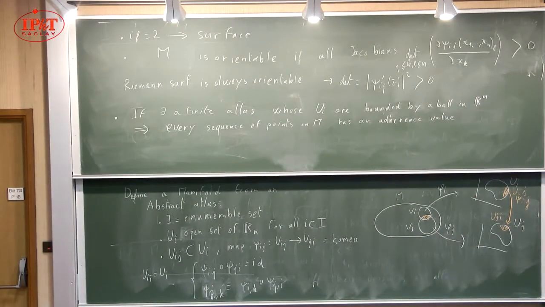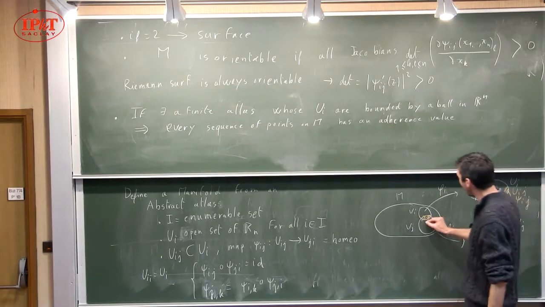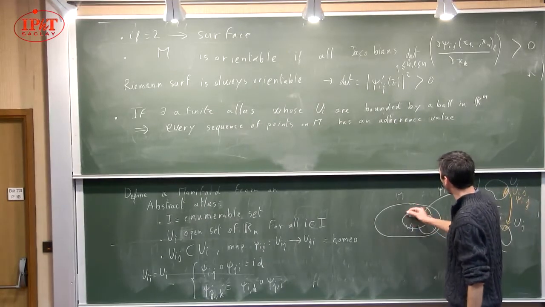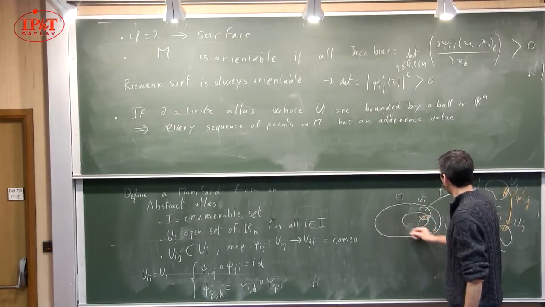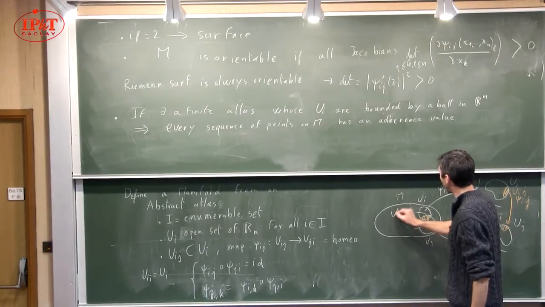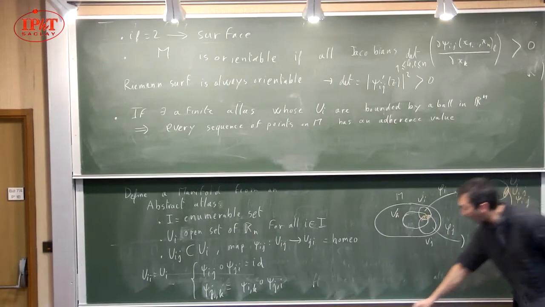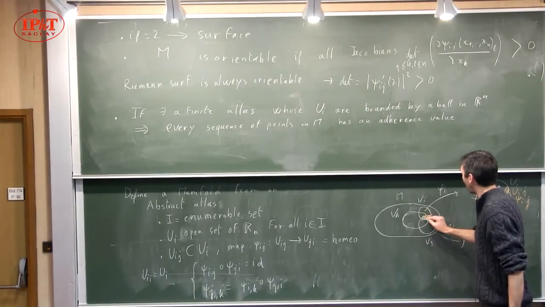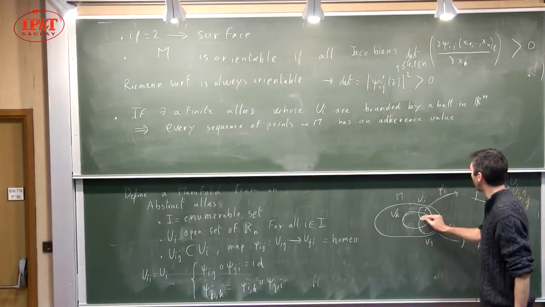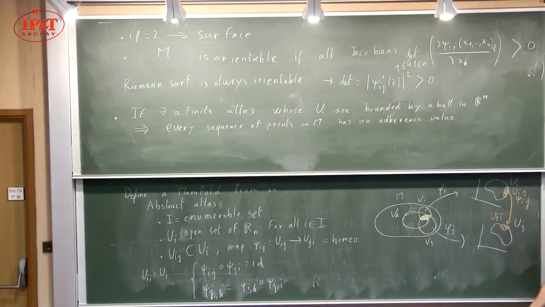So what this means is that now if you have three intersecting neighborhoods, Vi, Vj, Vk, you now have a common region to all three here, and you want to make sure that this is compatible.